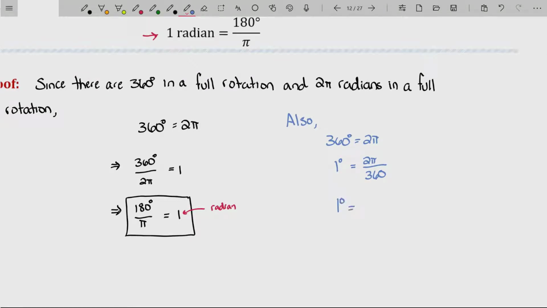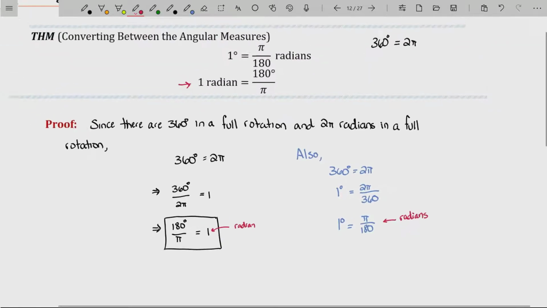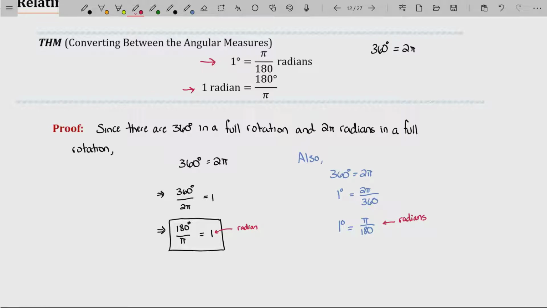You'll have 1 degree is equal to pi over 180. The left-hand side is in degrees. The right-hand side, because it doesn't have a unit, is in radians. So let me just go ahead and put in here, radians. And that is our second part. 1 degree is pi over 180 radians.